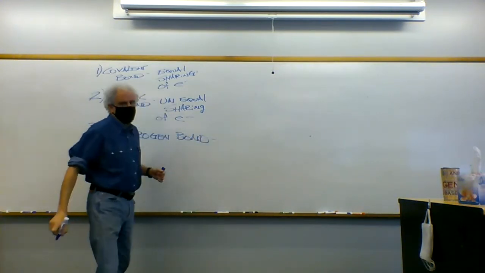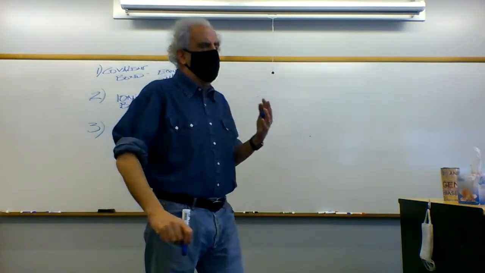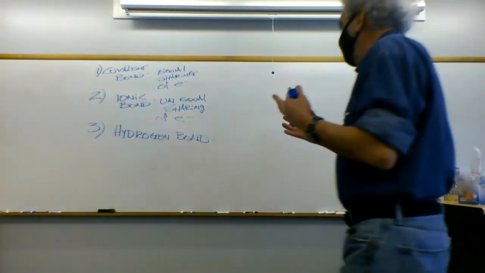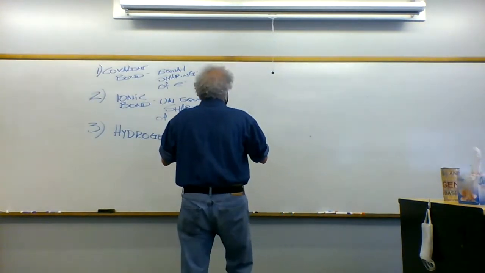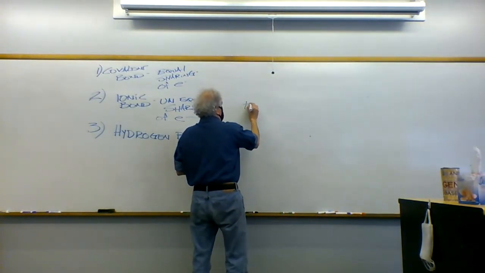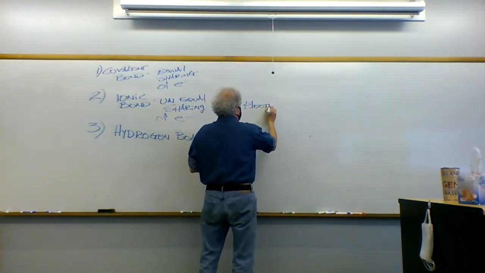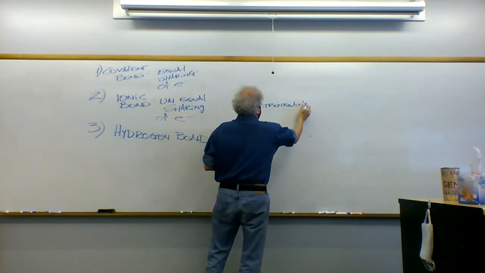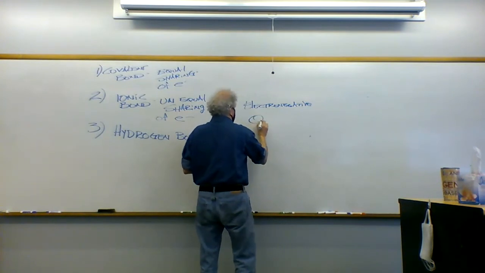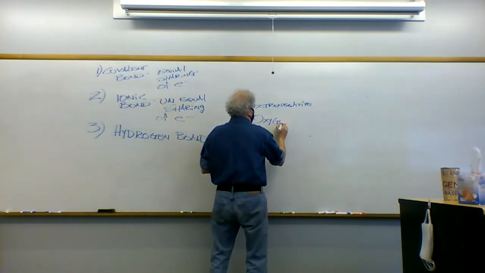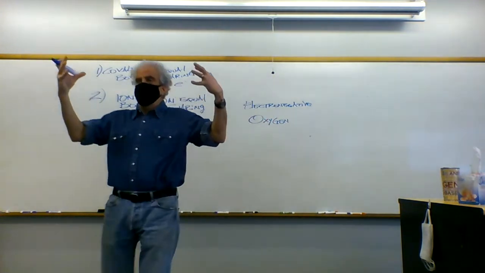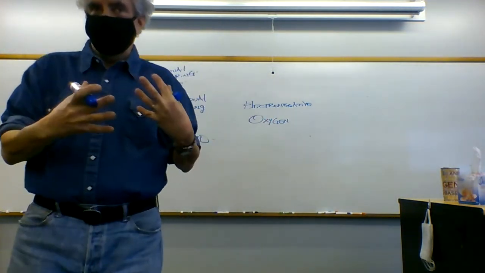Not to be confused with the hydrogen bomb, but a hydrogen bond only occurs under very specific circumstances in which we have an electronegative atom. Not all atoms are electronegative, but oxygen most definitely is, meaning that it tends to hold the electrons and pull electrons towards it.